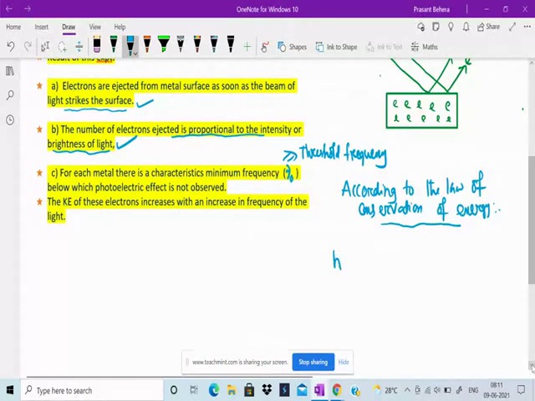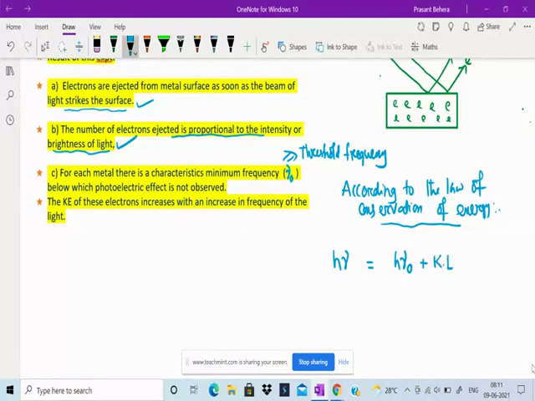That means the energy of the light, h nu, is equal to the threshold energy, h nu naught, plus the kinetic energy.